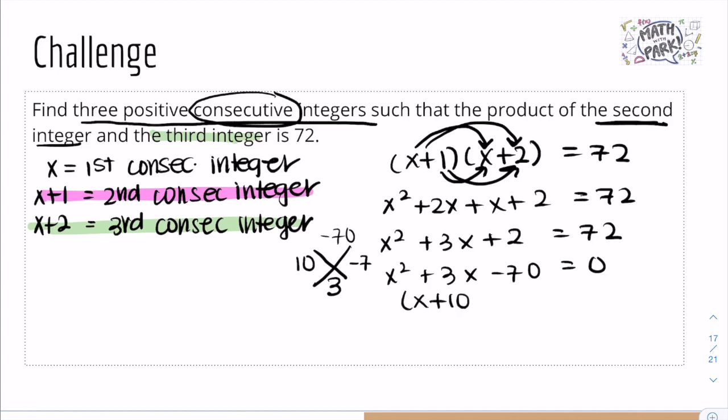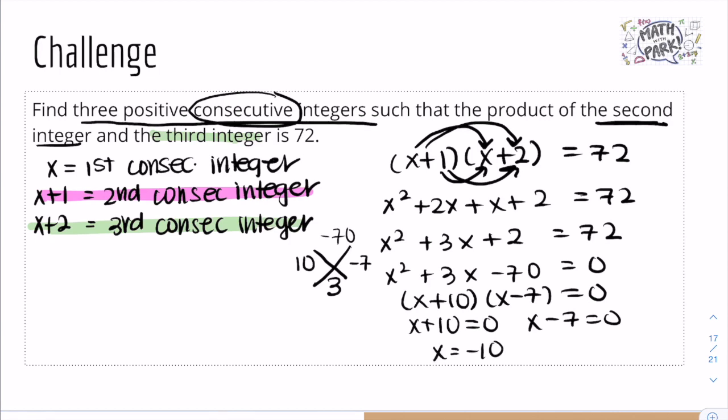X plus 10, x minus 7 equals 0. Have each part equal to 0. You get x equals negative 10, x equals 7. Notice that we want positive, so negative 10 will not work. So x will equal 7. What you're going to do is plug it in.